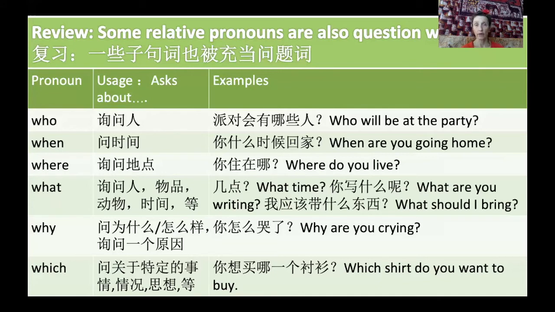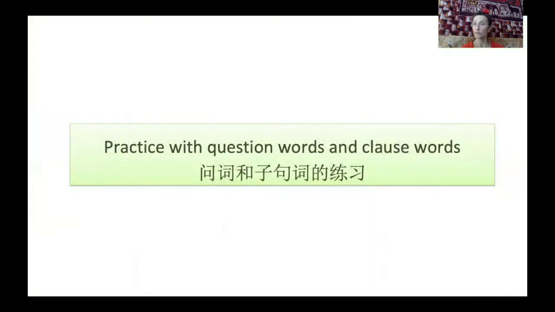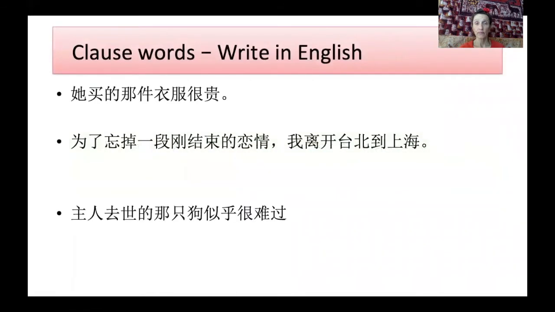All right. Let's do a little practice. 练习吧. So what I want you to do here is, here are some sentences in Chinese.